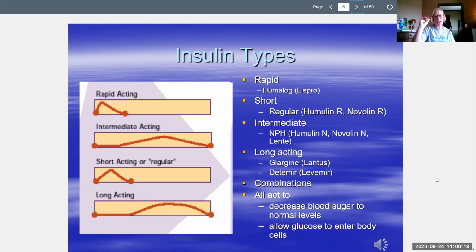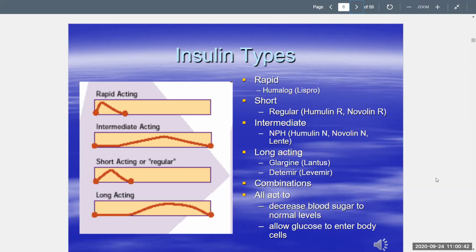Generally speaking, you should not be giving those rapid and short acting unless their food is there and they're literally getting ready to eat. So yeah, good question. I know it's so hard, the do as I say, not as I do type thing.